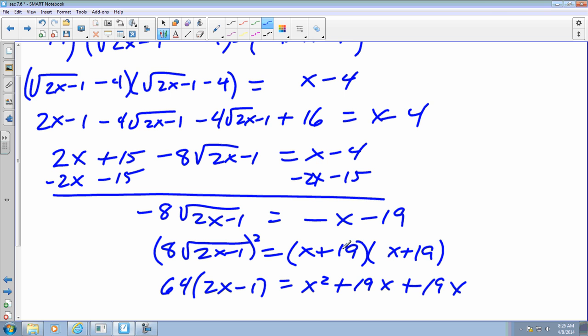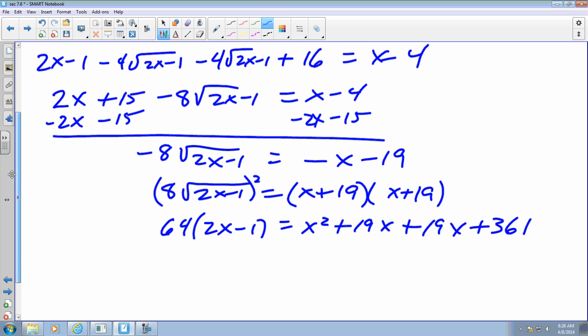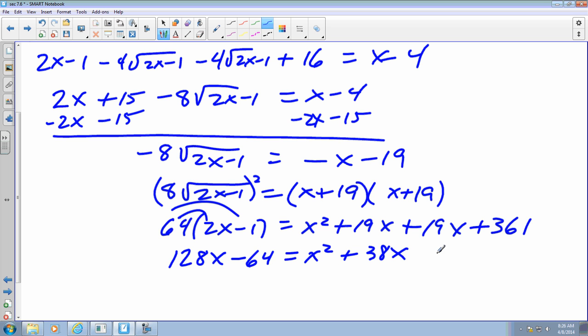Last times last. 19 times 19 is 300... Somebody's going to have to help me here. 381 or 361? 361. Thank you. Then let's distribute, and I get 128x minus 64 equals x squared plus 38x plus 361.